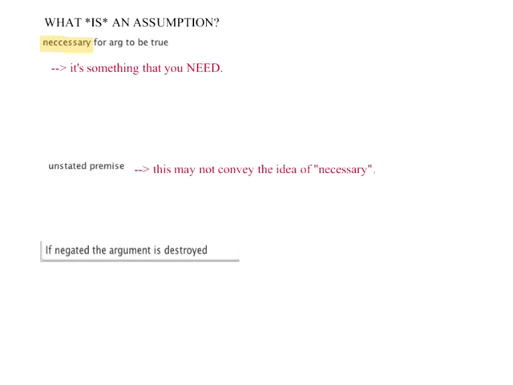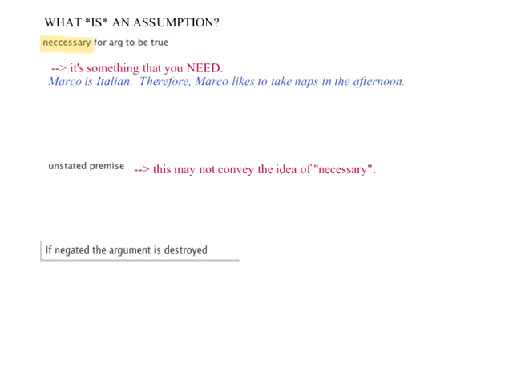So be careful. Let's say you have this argument. I think I gave this argument last week, so I'll just use it again. Marco is Italian, therefore Marco likes to take naps in the afternoon.